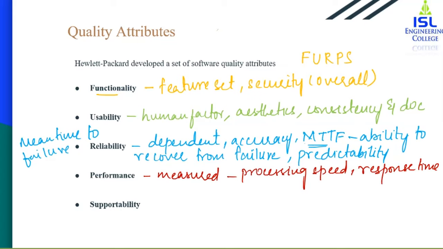Then you're also going to focus upon the resource consumption, that is how much memory is being used. And also the efficiency, the throughput and efficiency. Your performance is going to be calculated by this processing speed, response time, resource consumption and efficiency. Based upon all that, you get to know what is the performance, whether it is 90%, 99%, 100%, that is your performance. Then the next one is supportability.